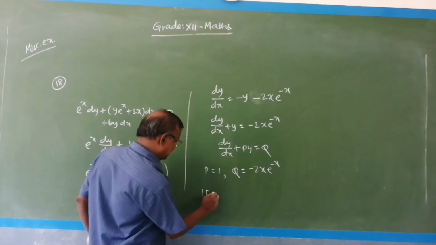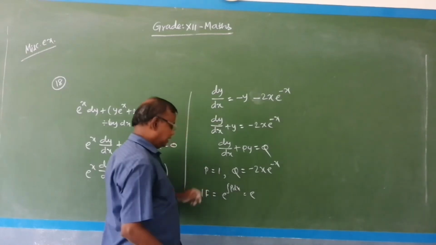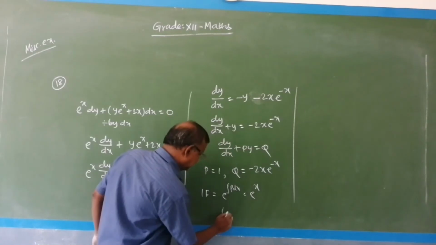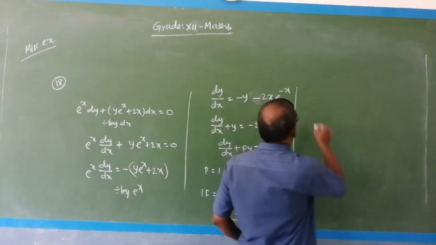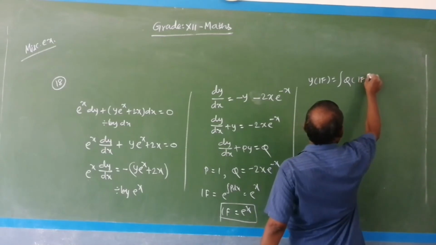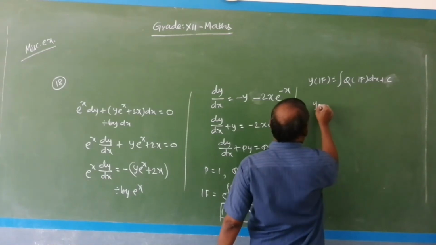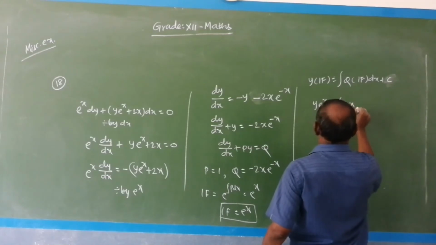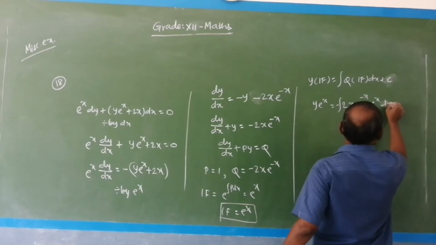So, integrating factor equal to e power integral p dx, equal to e power integral 1 dx, equal to e power x only. Now, the solution: y into integrating factor is equal to integral q into integrating factor into dx plus c. So, y into e power x equal to integral of minus 2x e power minus x into e power x into dx plus c.